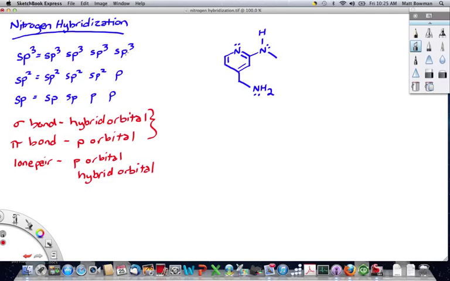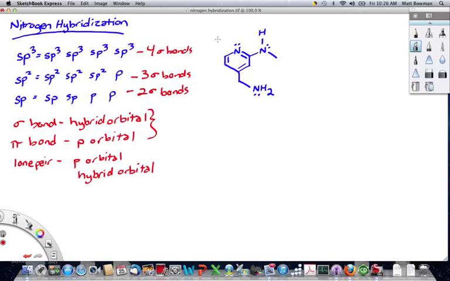And so sp3 can form 4 sigma bonds. sp2, because it has 3 hybrid orbitals, can form up to 3 sigma bonds. And sp has 2 hybrid orbitals, so it can form 2 sigma bonds.